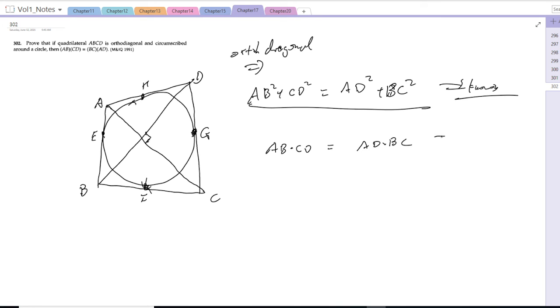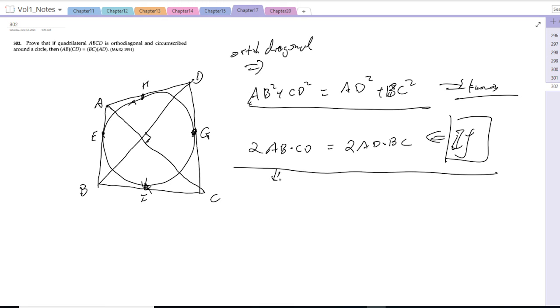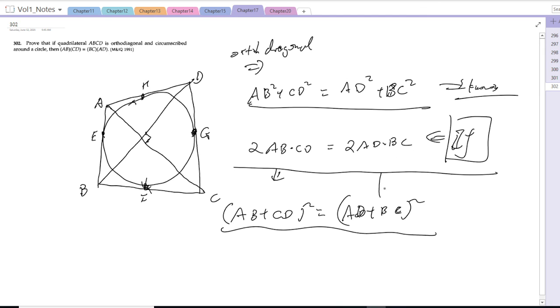So this is a big if, okay? If we know this, did you see it's very familiar, and we can see if we have this, then what we have is we want to have AB plus CD squared is equal to AD plus BC squared. So that means that if we can prove this, we can also prove this one, right? By combining with this.